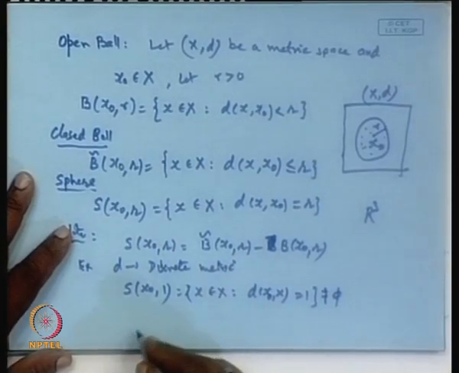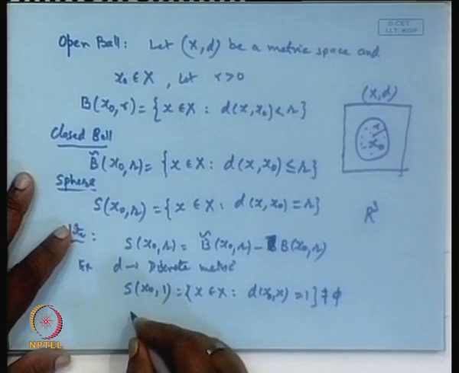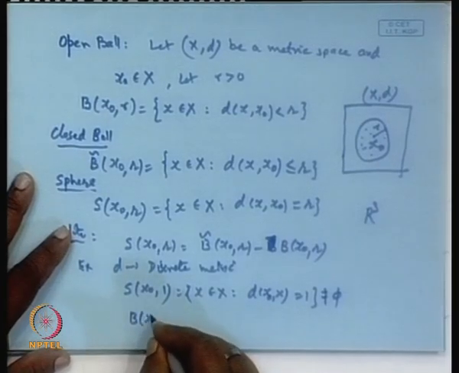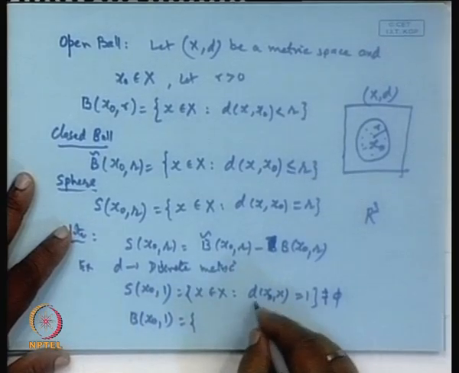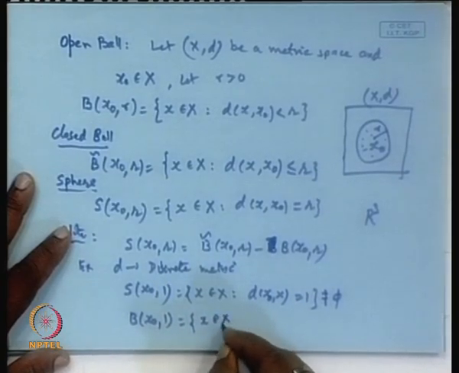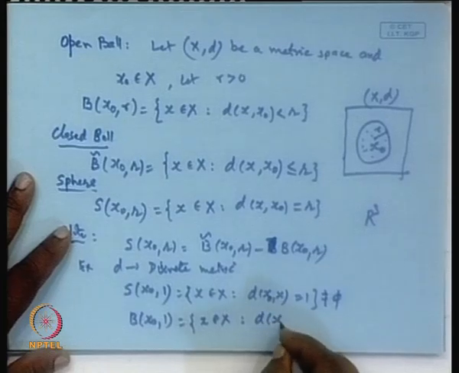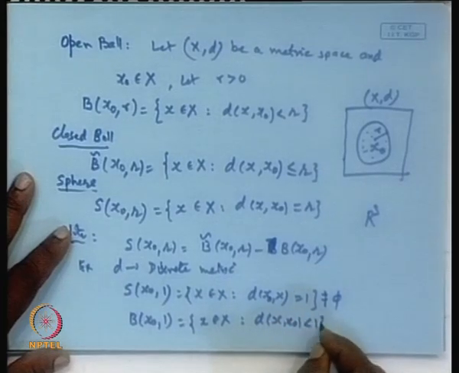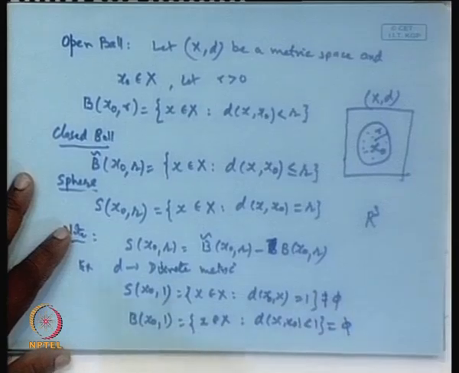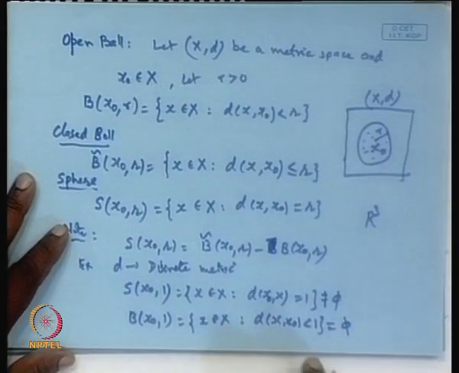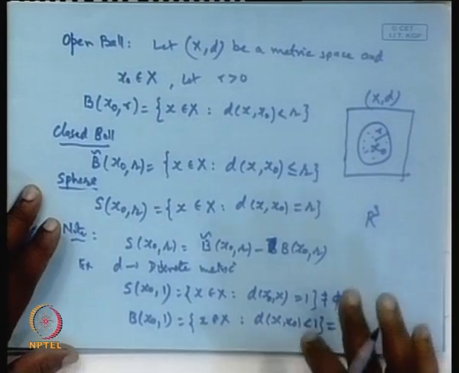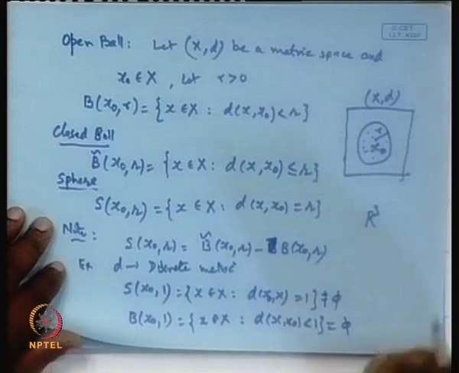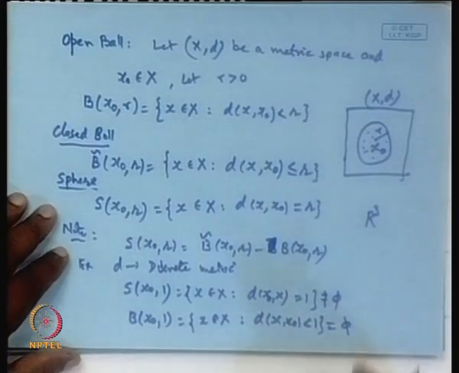But if we take a ball centered at x naught and radius 1 in a discrete metric d, then we get the set of x with distance from x naught strictly less than 1, which comes out to be just x naught itself. Actually, the sphere of radius 1 is not empty, but the sphere of radius 2 would be empty, because there are no other points except x naught itself available in this class. So, this becomes empty. So, this type of difference is available in a general metric space.